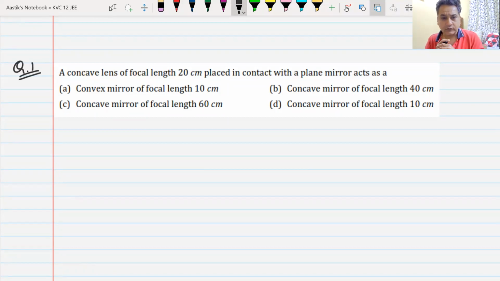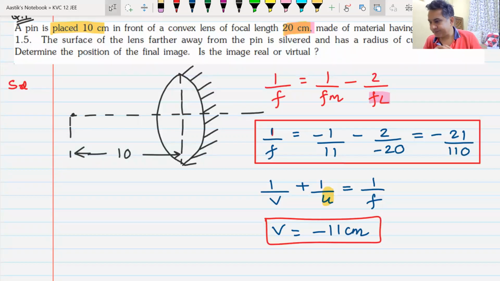Sir, show the previous slide, sir. What is there in the previous slide that you want to see? There, see it. Sir, how did you get minus 21 by 110?